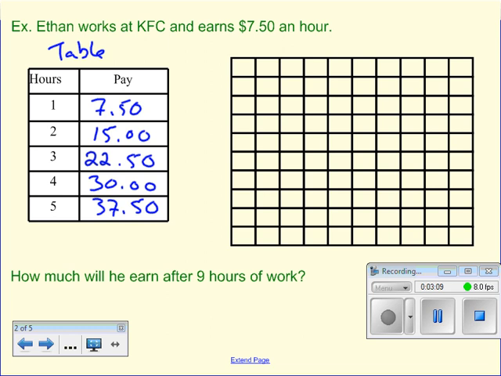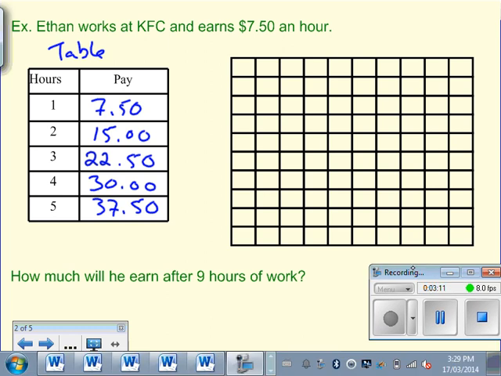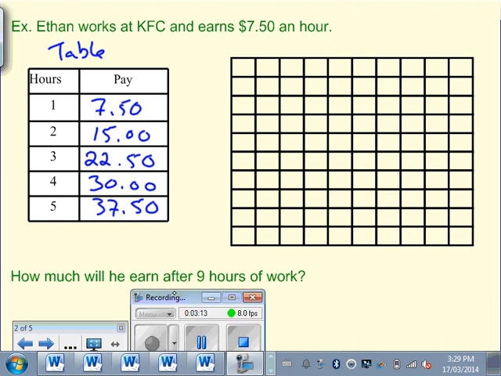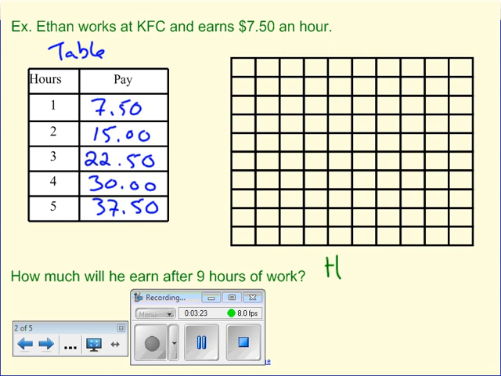Another way would be to represent it as a graph. So generally with the graph, we put time on the bottom, so I'm going to have hours here, and going this way, I'm going to have pay, so money.